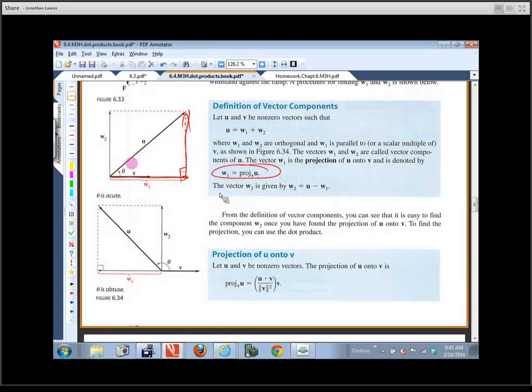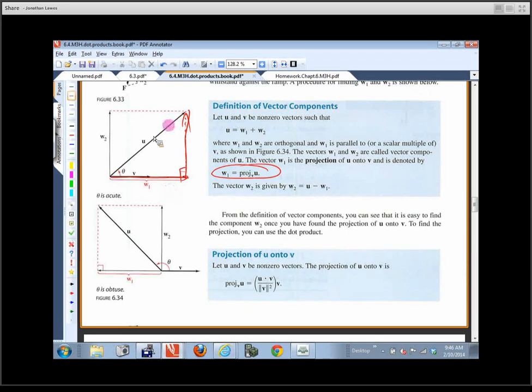Okay, now let's take a look at this diagram right here. If I wanted to take however long u was and put a component that was in the same direction of v, how would I figure out how long this one is right here? Tell me a trig function that it would involve.